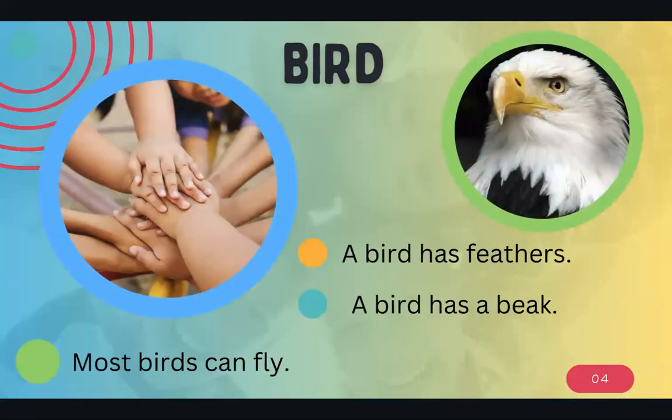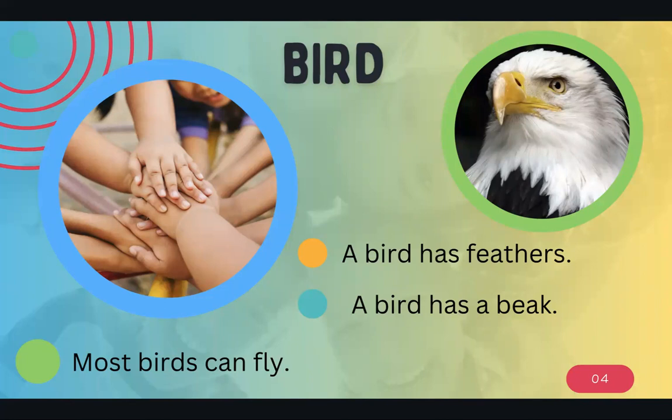Next one, bird. Birds have feathers. Usually, the last time we talked about the bill. So we have the bill, and you have the beak. A bird usually has a beak. And I told you that beaks may differ because of the food that they eat.